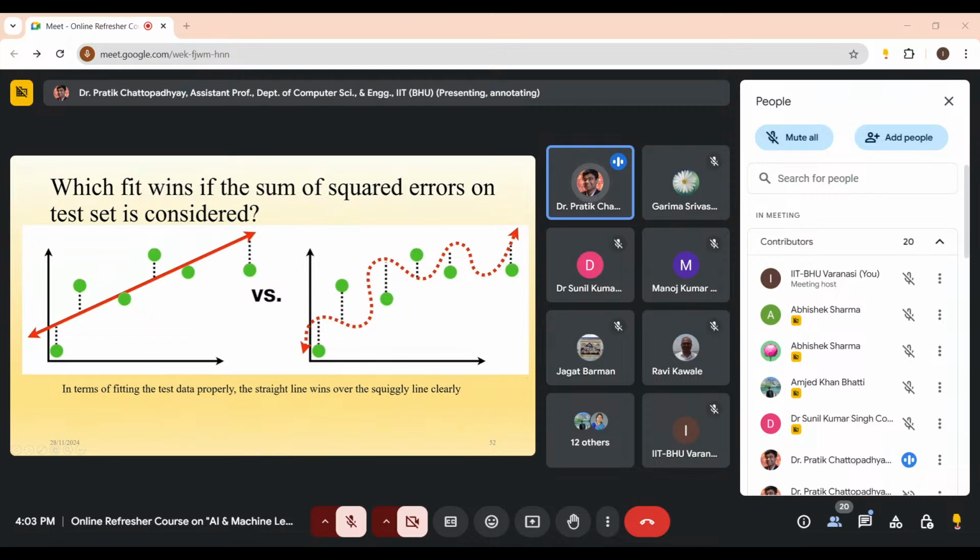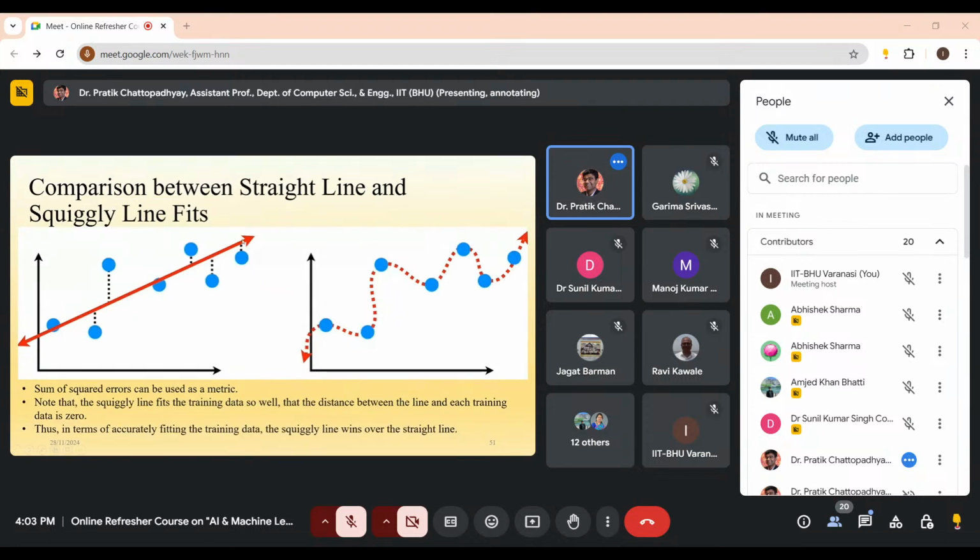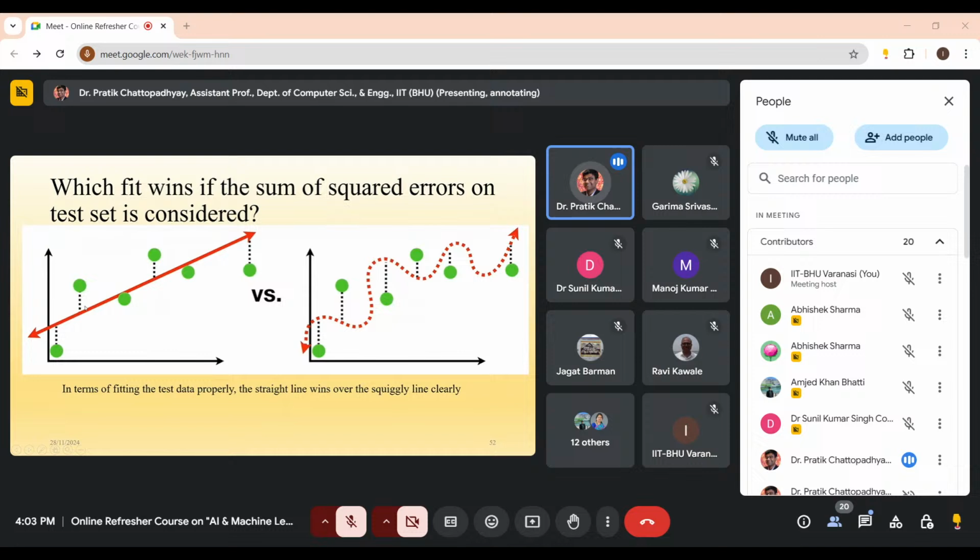Whereas a relatively simpler model performs consistently good or bad on all the data sets. So the question that was asked to me is very much related to this: how to choose a model. Which model shall we choose? We should not go for overly complicated models and we should not go for very simplistic models. We have to stay somewhere in between the two.